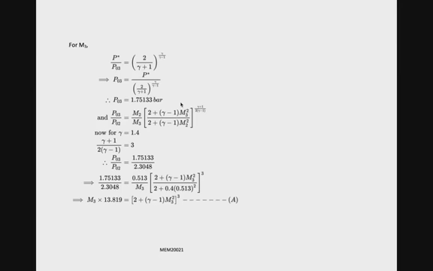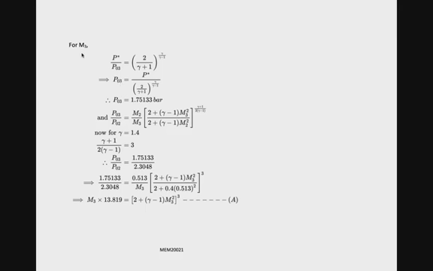Now for M3, this formula is for the star reference state for isentropic conditions. This formula is independent of any Mach number. Since the left hand side of this equation is not a function of Mach number, we can use this to obtain the stagnation pressure at point 3.